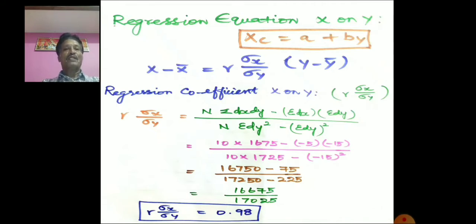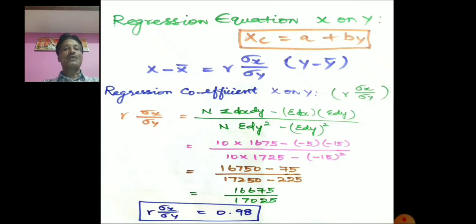So in the numerator you take the difference between 16,750 and 75, that is equal to 16,675, and in the denominator you take the difference between 17,250 and 225, so that is equal to 17,025.